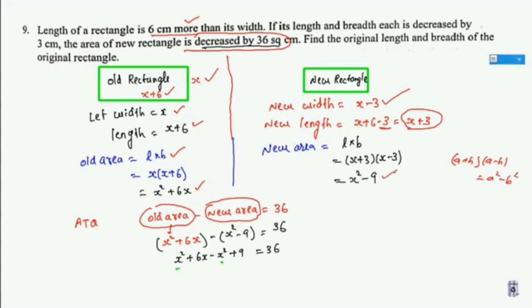Here I have explained that x plus 3 into x minus 3, that is a plus b into a minus b. We will use this identity. We get x square minus 3 square is 9. Now we have x square plus 6x minus x square plus 9. x square minus x square cancel. 6x equal to 36 minus 9. Like this we solve this type of question, students.